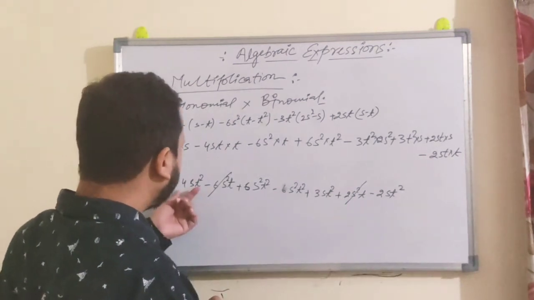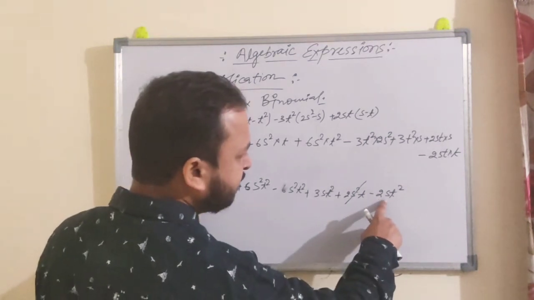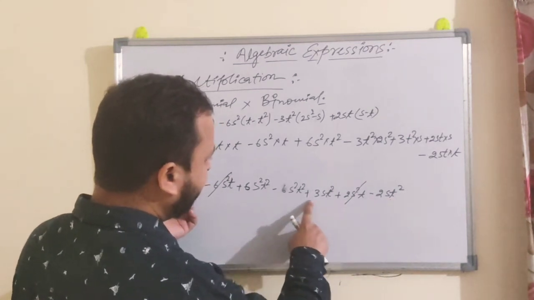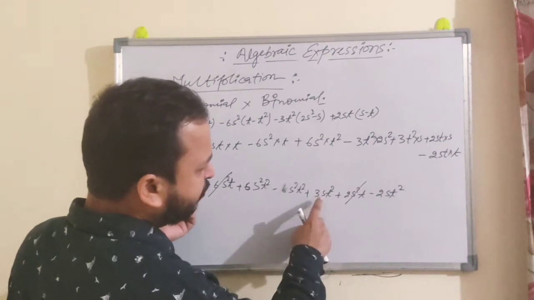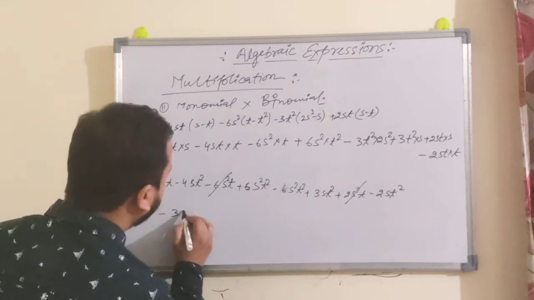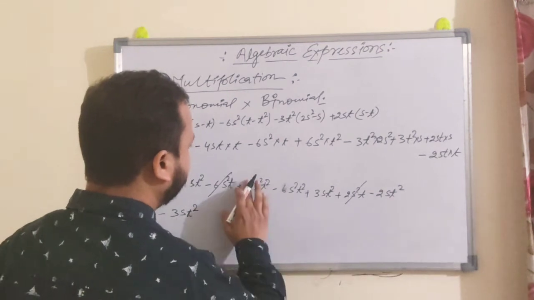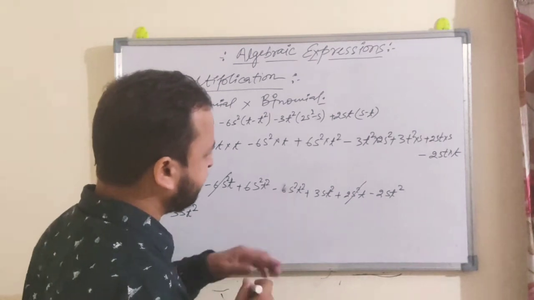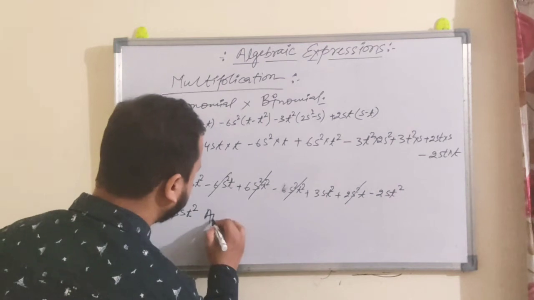Now 4st square with minus sign and minus 2st square, so 6st square is here, and 3st square with positive sign, so we're left with minus 3st square. Here 6s square t square is here, minus 6s square t square is here, so we can cancel it out, and this is your answer.